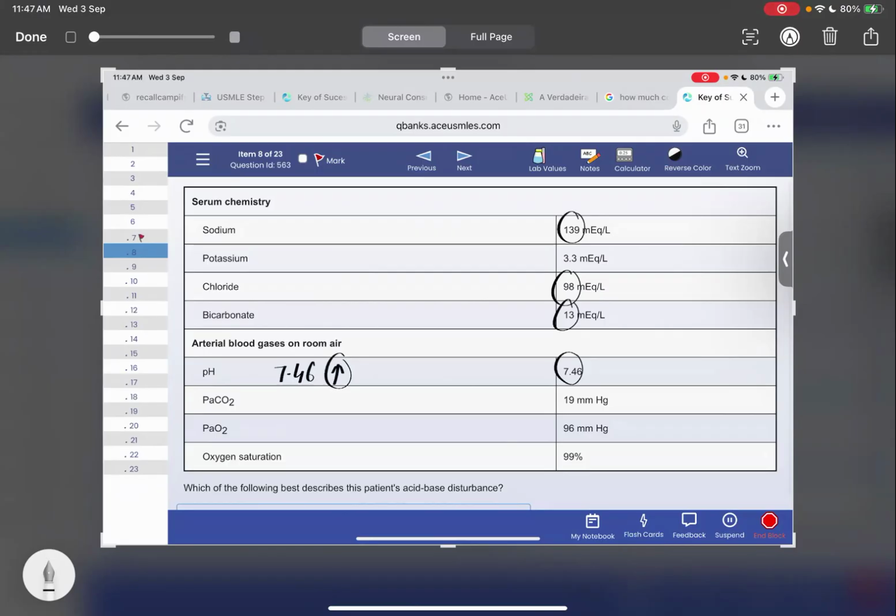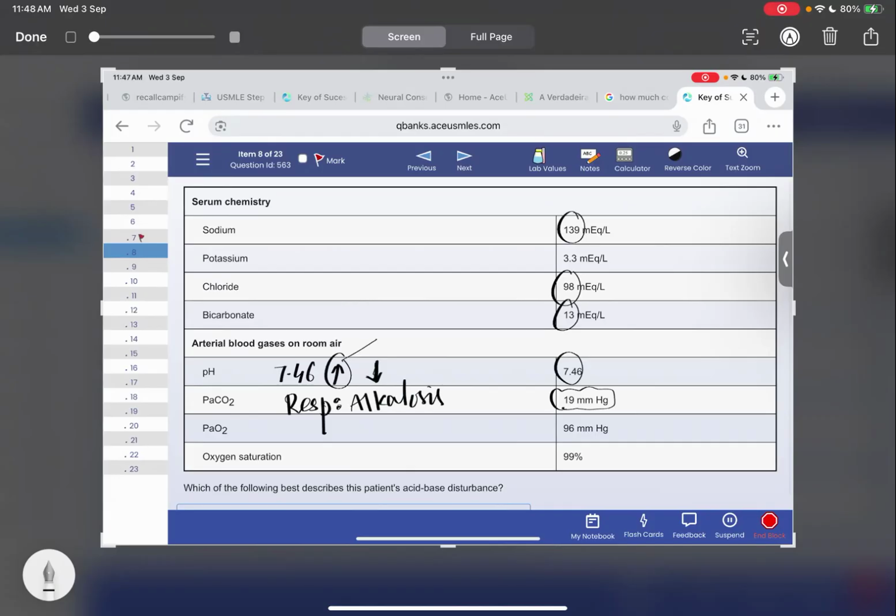So what I told you is that you should be very specific about 7.45 and 7.46. Now look into the carbon dioxide. Carbon dioxide is decreased, low. So what is the condition? Alkalosis. We have respiratory alkalosis.